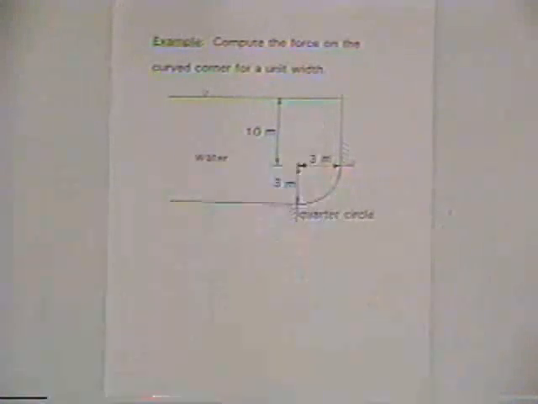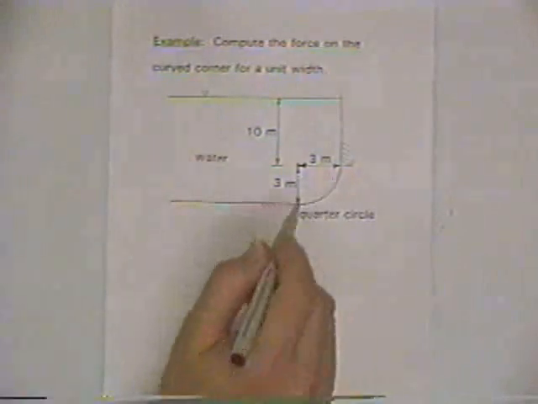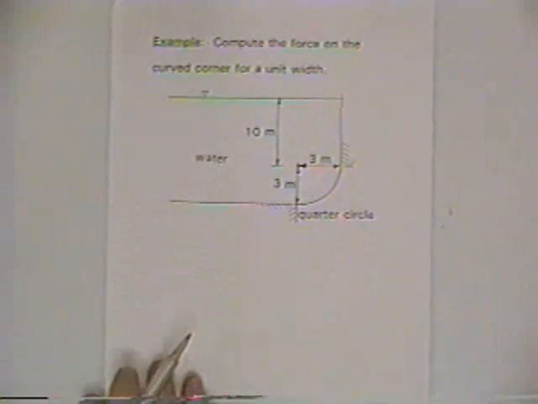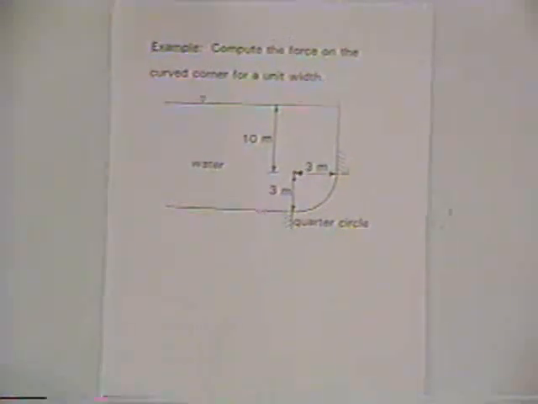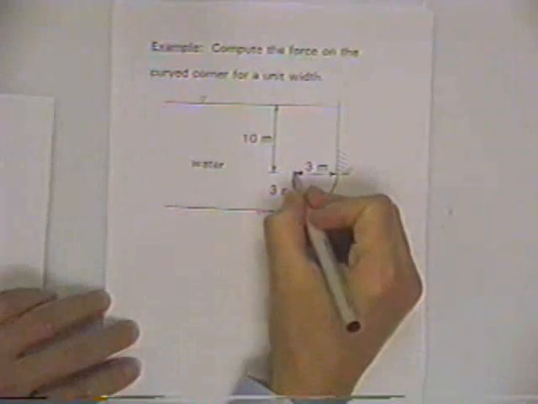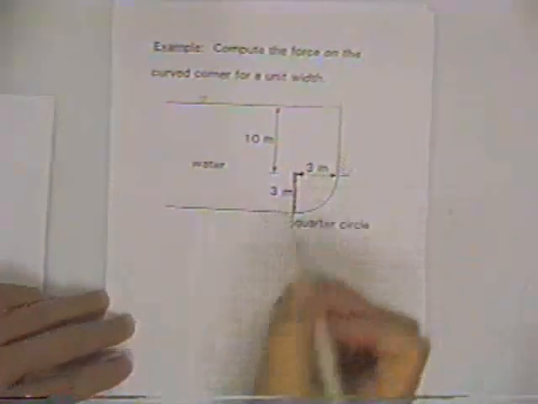So we've got a container, and again, it's full of water, and the water exerts a force in the corner down here, and we want to estimate the force. And so we can think in terms of horizontal and vertical components of the force, and so the horizontal component of the force is just going to be acting upon a vertical projection here.